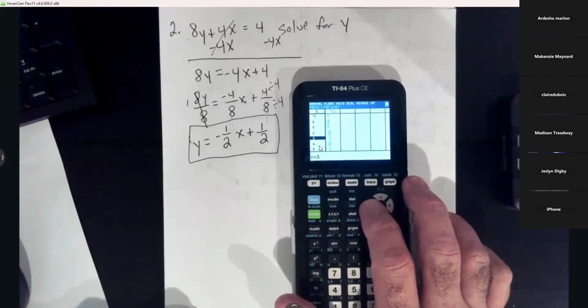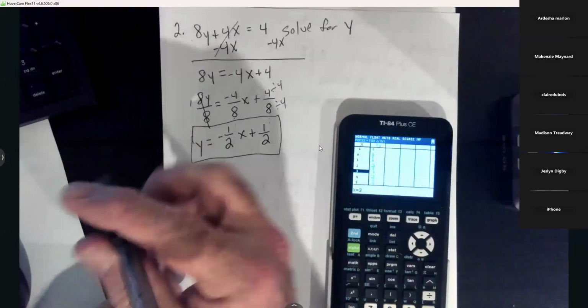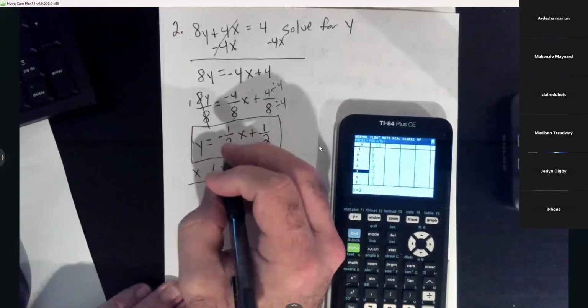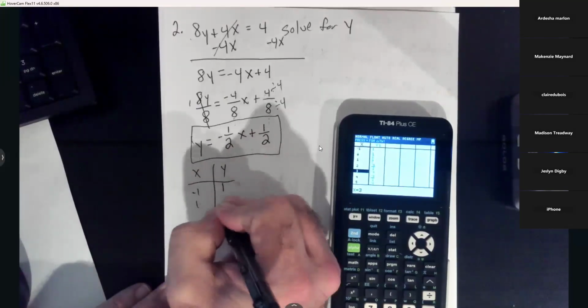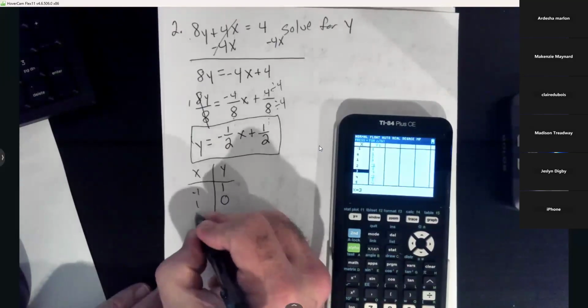All right, so let's go to MathLab and plot 3 of these points. So like I said, my x and y was negative 1 and 1, 1 and 0, and then I had a 3, negative 1.